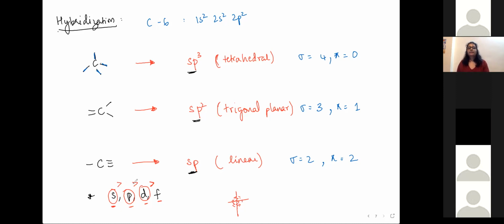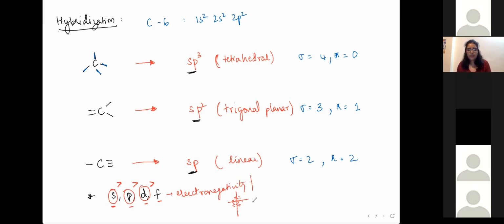So the S orbital has maximum electronegative nature, followed by P, followed by D, followed by F. Okay. So this is the order of the electronegative tendencies.